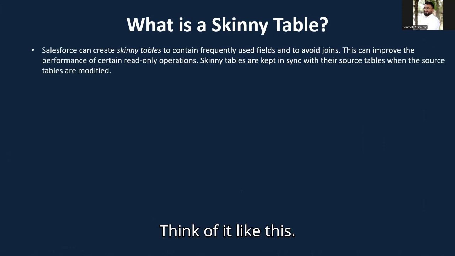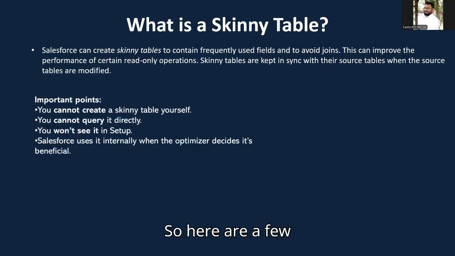Think of it like this. Your object has many fields. Some are used often, many are rarely used. Salesforce can build a lean copy of just the most used fields. That lean structure can reduce database work during reads.